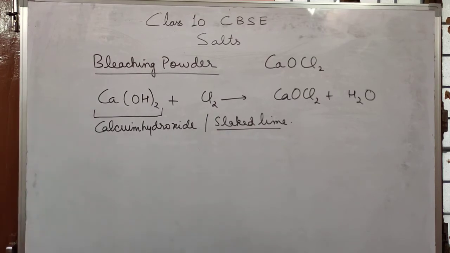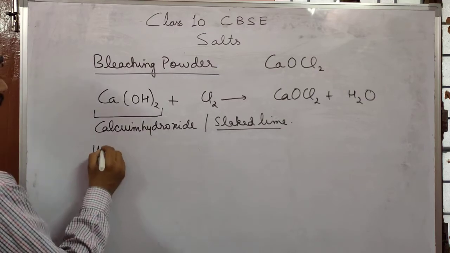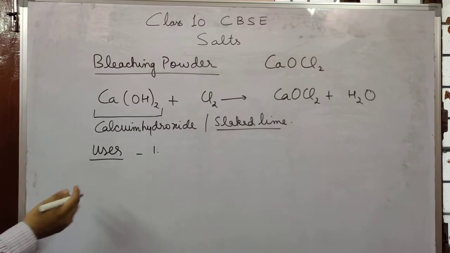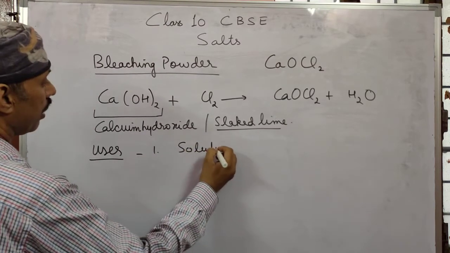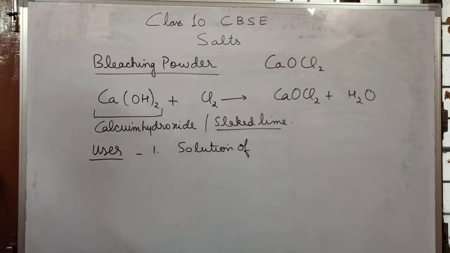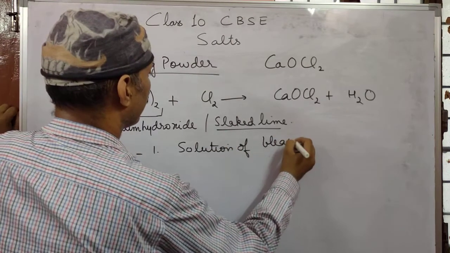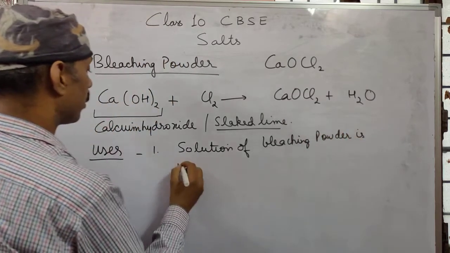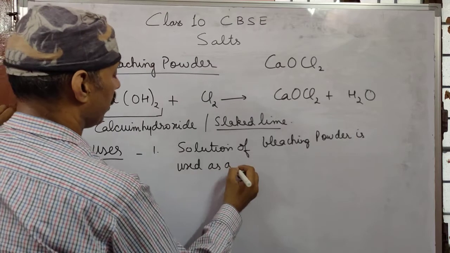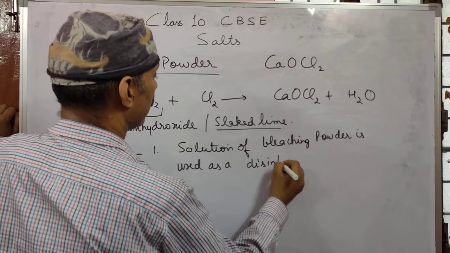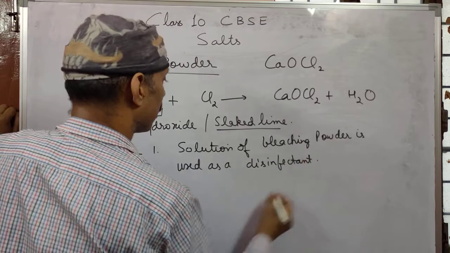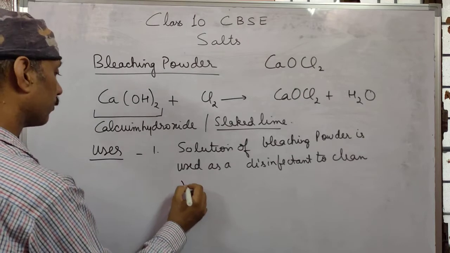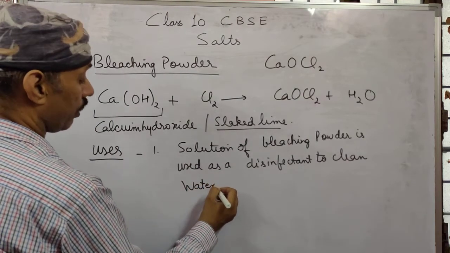Now, what are the uses of this salt? Uses number one, solution of bleaching powder is used as a disinfectant to clean water.